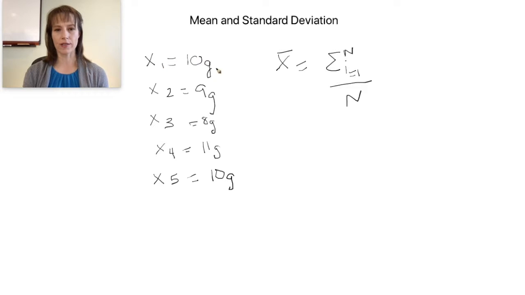Starting at i equals 1, so this is the first data point, it's telling you to add up from the 1 to the total number of samples, and n is the total number of samples. Here, n is 5 because we have 5 samples, and then we're just dividing it by n.